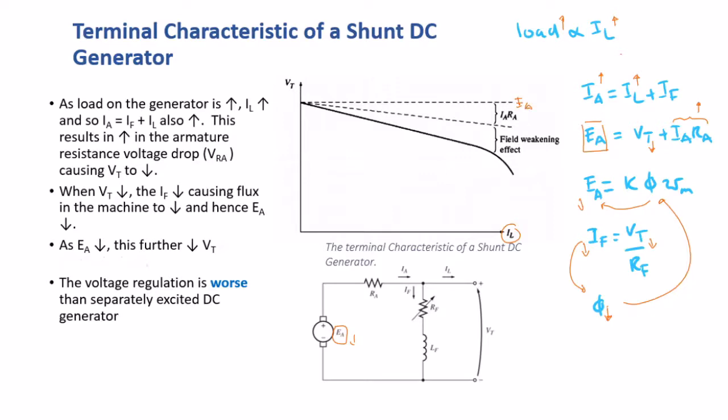EA initially is constant, but we've got the drop of IARA, which is getting larger and larger, and therefore we've got this line. And then because the flux is also weakening, as we've discussed, because of the drop in VT and also because of the armature reaction, we've got an extra drop here due to the field weakening, and so we've got this line here.